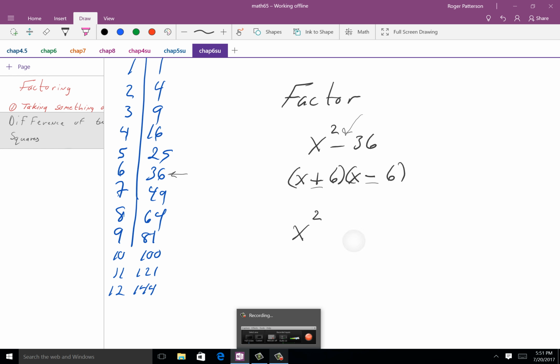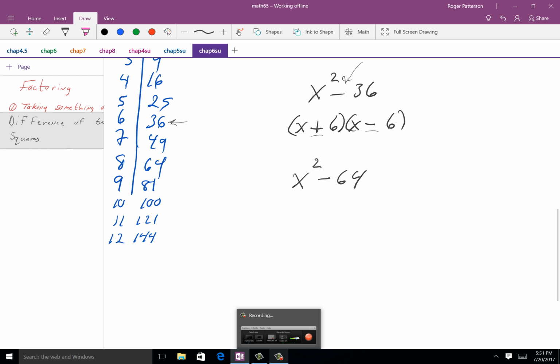So let's try another one here. This time we have x squared minus 64. Again, 64 is a perfect square. All we've got to do is drop this down. x, square root of 64 is 8. Okay? And that's the difference of two squares.